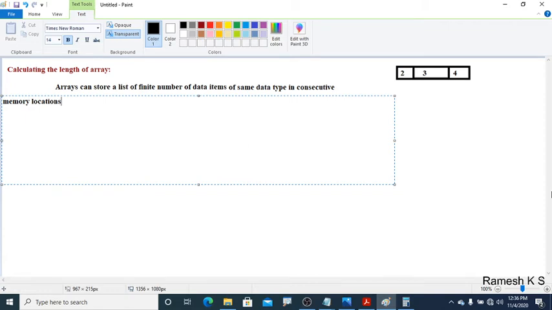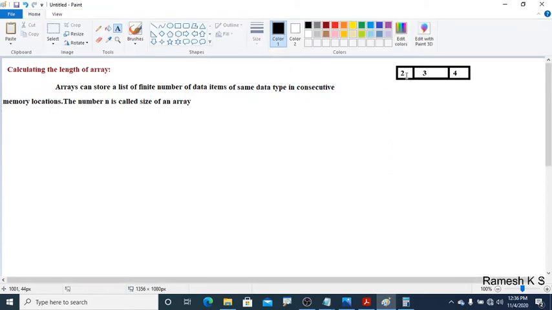Now, the number n is called the size of an array. In this example, how many elements are there?